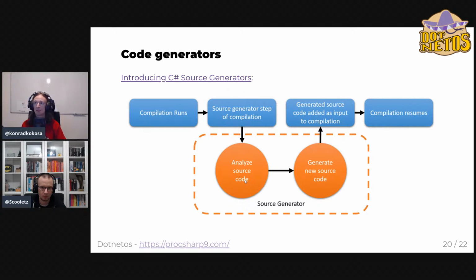Which, okay, maybe doesn't sound so sophisticated when I'm describing it, but in general it allows making super powerful modifications and, let's say, improving the way we are coding, making a lot of things automatically generated, for example.